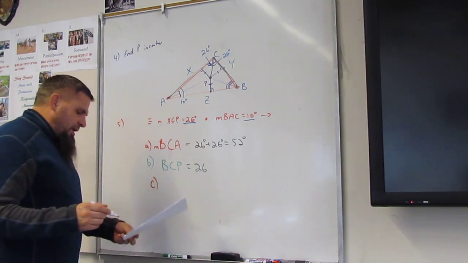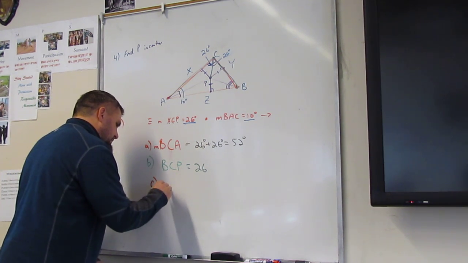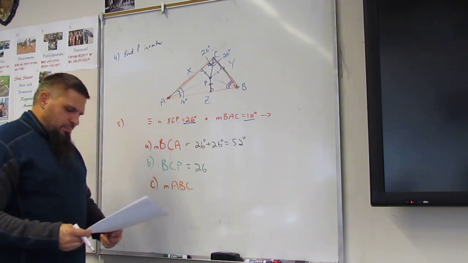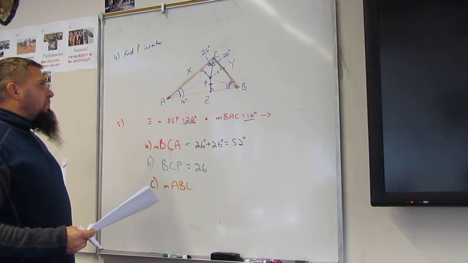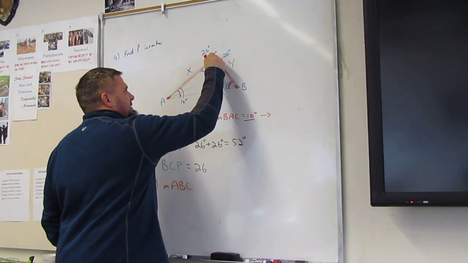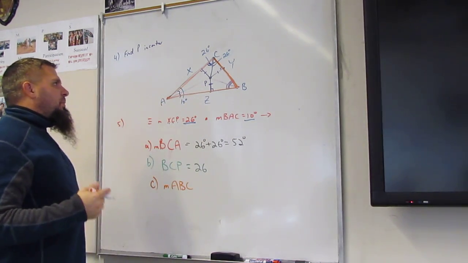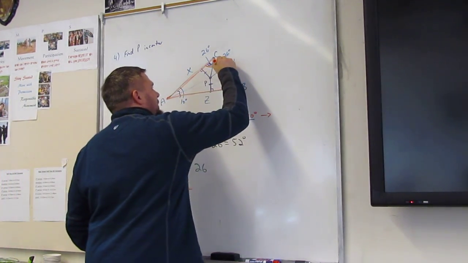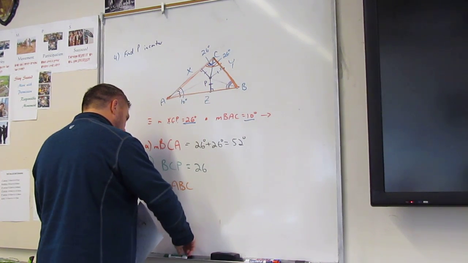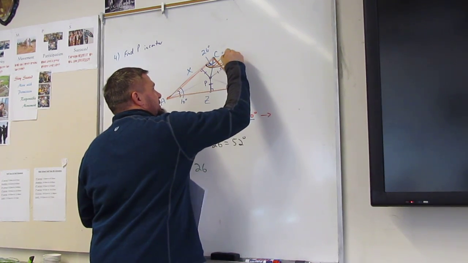And C was ABC. A, B, C. So they want to figure out what this to this to this is. Right here to here. Well, the one thing we do know is that this is 52, correct? Because we already found it. This is 52 degrees.